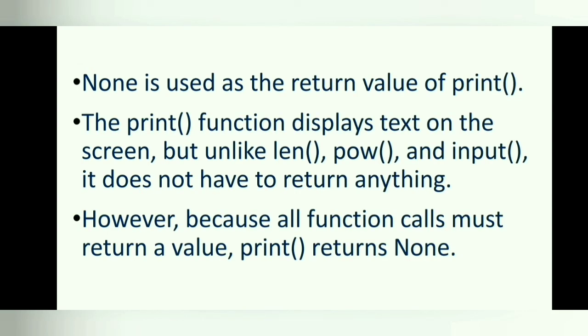None is used as the return value of print function. The print function displays text on the screen, but unlike len, pow, and input functions, it does not have to return anything. However, because all function calls must return a value, print function returns None.